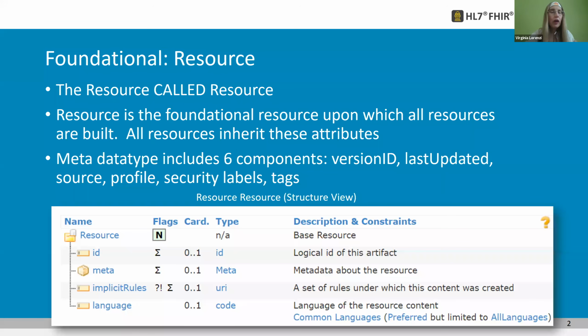And you will notice there's cardinality listed in the middle where it says 0 to 1. All of these fields are optional, but they are all going to be inherited by every resource within FHIR.